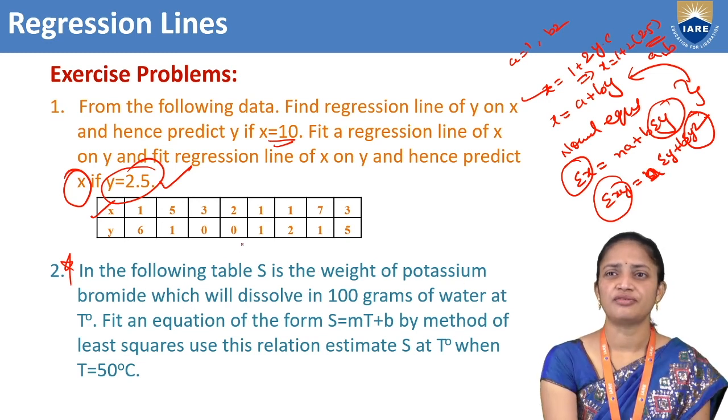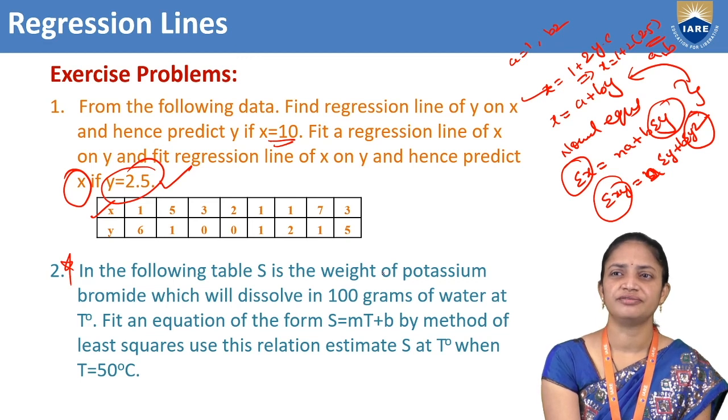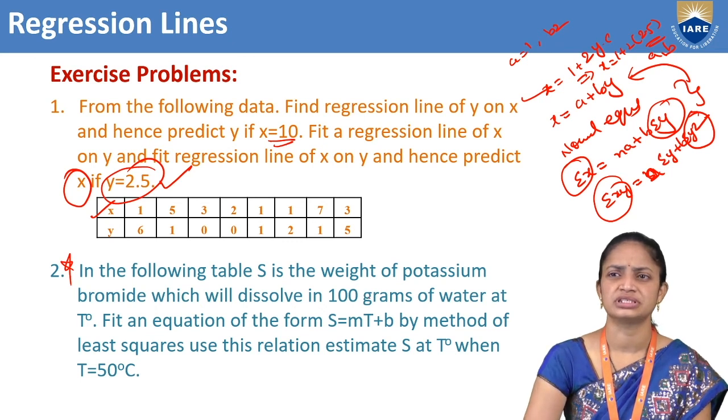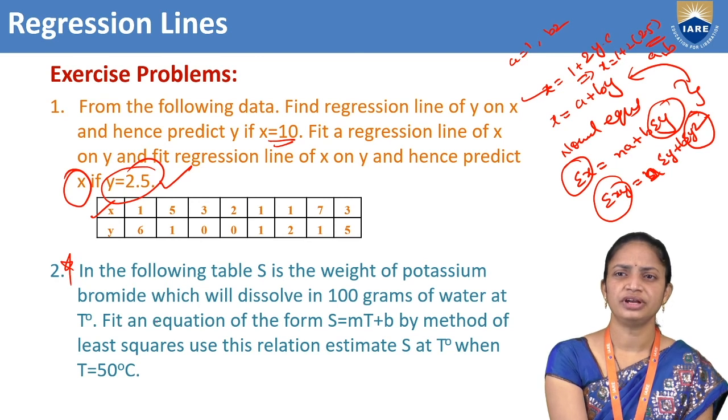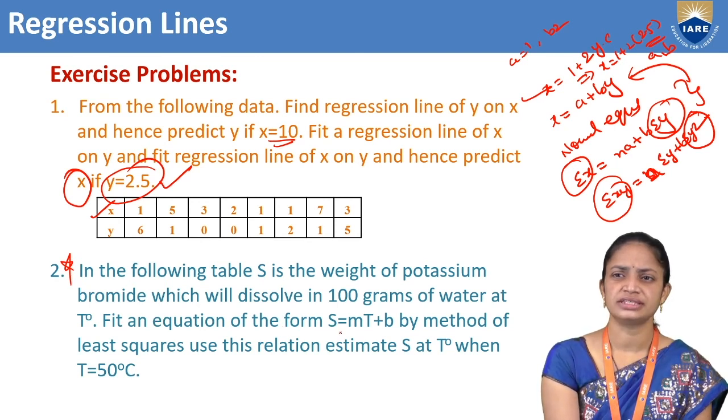Our next question is, in the following table S is the weight of potassium bromide which will dissolve in 100 grams of water at T degrees. Fit an equation of the form S equal to mT plus B. This will be in the form of y equal to ax plus b, so you have to compare this equation with that equation, by the method of least squares.